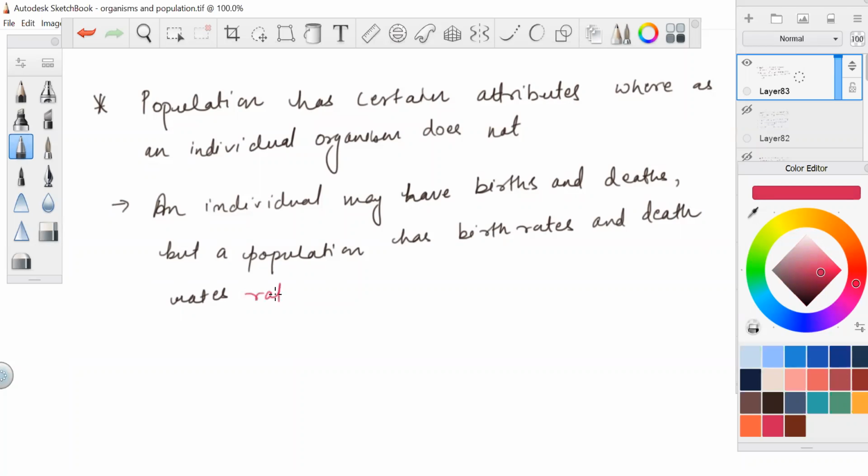Rates refer to per capita births and deaths respectively.